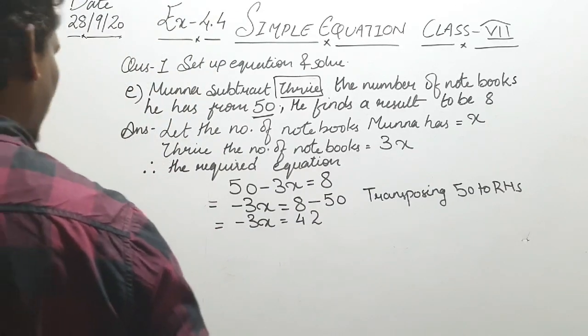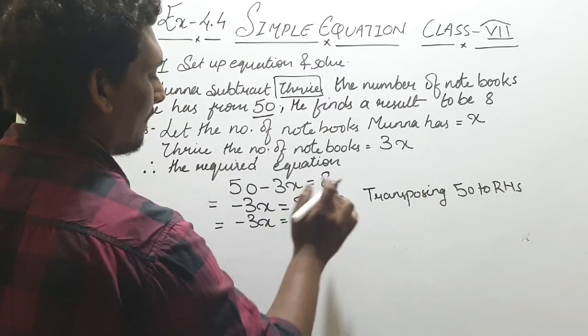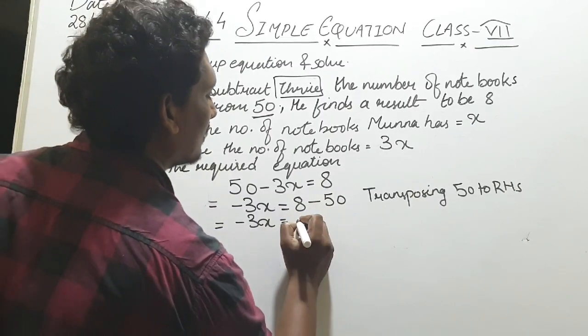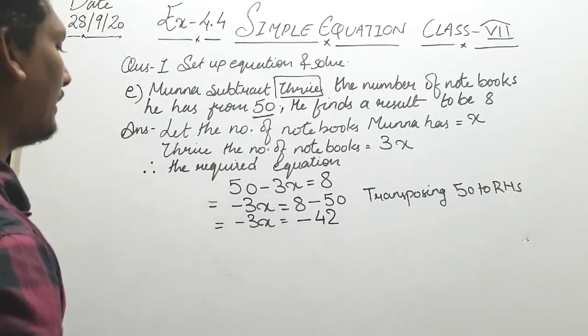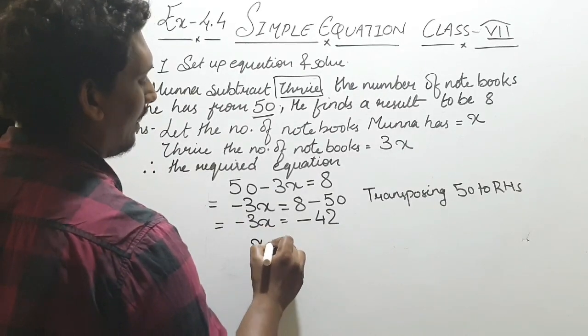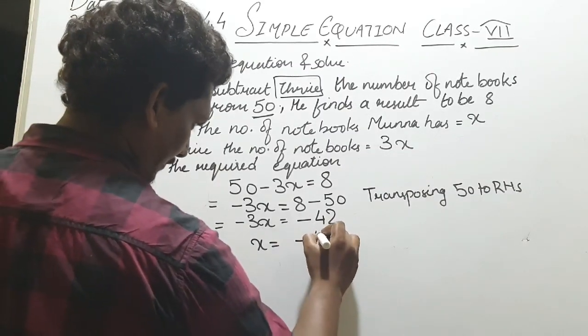So minus 3x is equal to, but here 50 is greater, so just put minus here, minus 42. So we have to find the value of x here. So x is equal to minus 42 by minus 3.